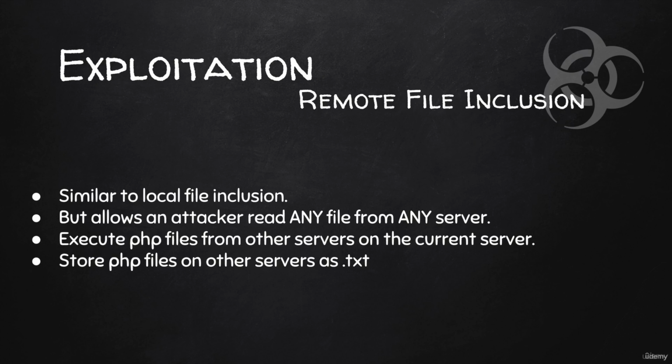Remote file inclusion is a special case of file inclusion vulnerabilities. We've seen in the previous video how we were able to include any file in the server and have access to it through local file inclusion vulnerabilities. In today's video, if the server is configured to allow a certain function called allow URL fopen, then we will be able to include any file from any computer into the target website.